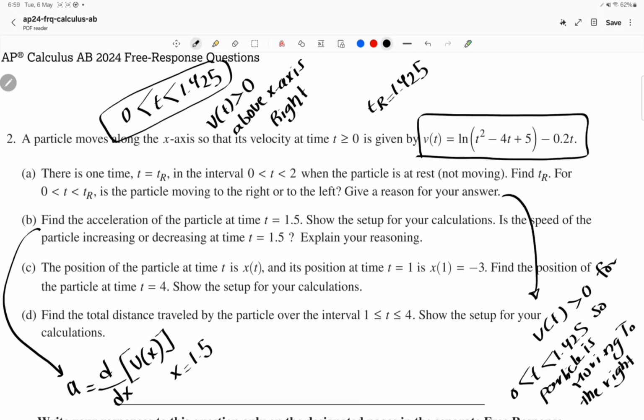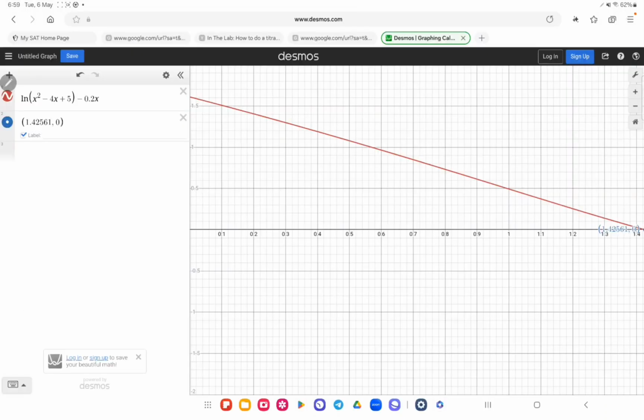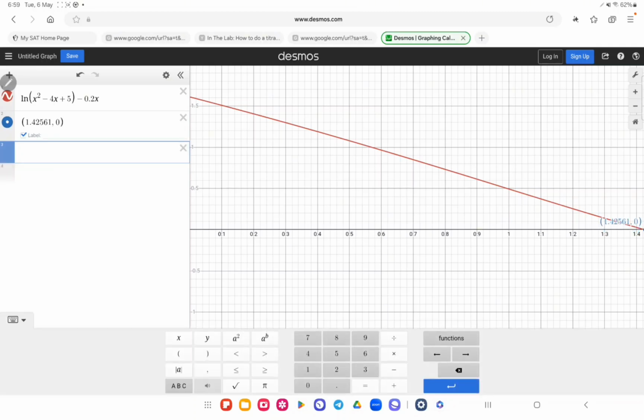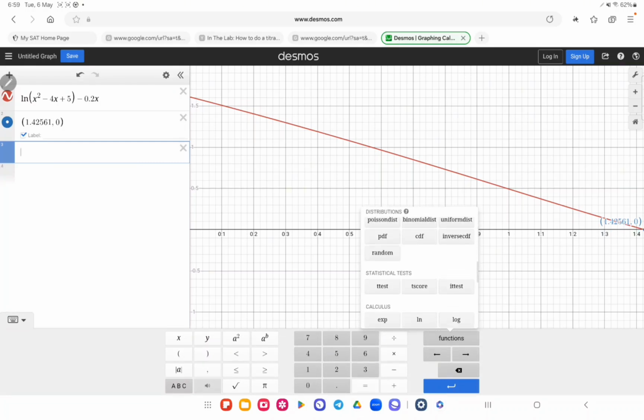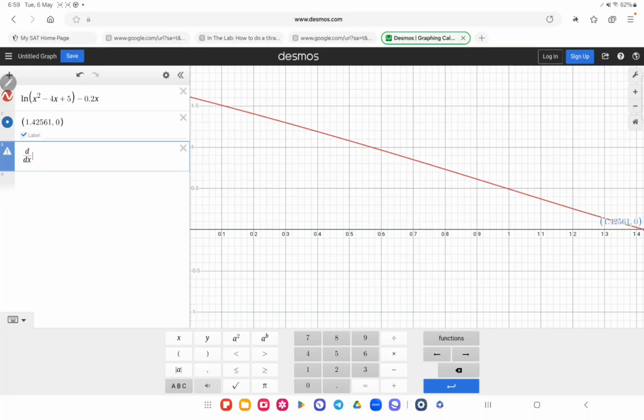So how would we go about doing this in Desmos? Let me show you. Desmos is provided, but it's going to take up half of your screen. It's going to be hard to use. Alright, so what do we do? We're going to come here, go to functions, and choose d over dx for derivative.